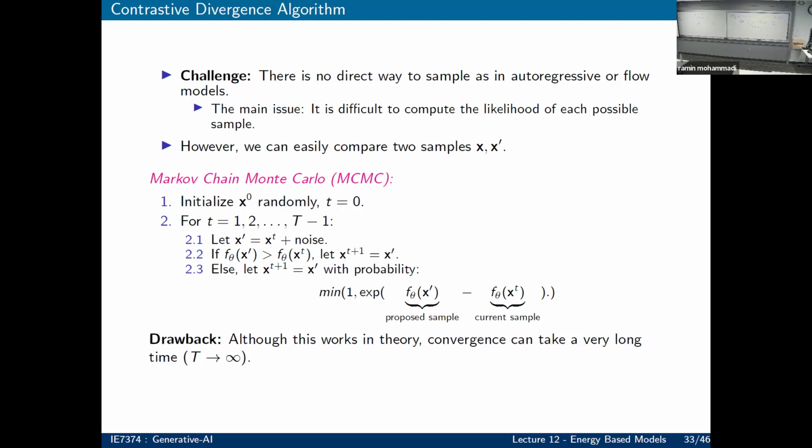Otherwise, you reject that sample and continue, because that becomes the exploration part of the process. You keep repeating this process, adding noise with the idea that during training you add noise to be able to denoise it. The drawback is that it takes a long time to work. MCMC in reality is pretty slow.